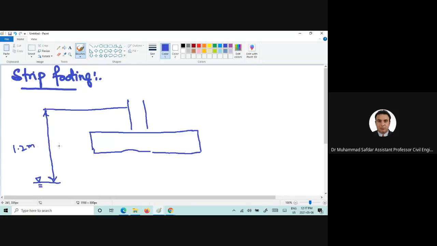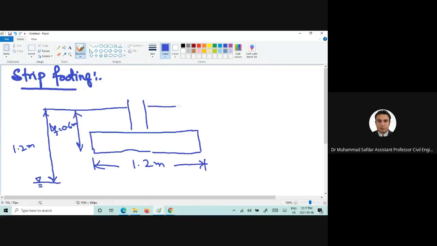The information is given. The proposed strip footing will be 1.2 meter wide, and the embedment, or the depth of the footing, is 0.6 meter below the ground surface.